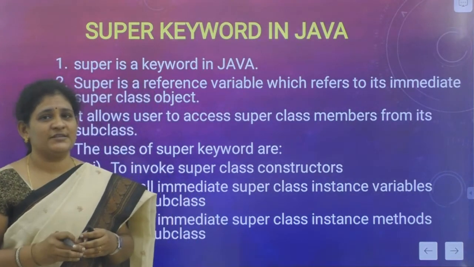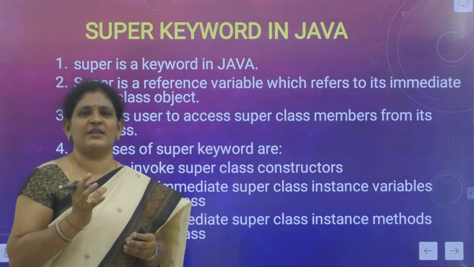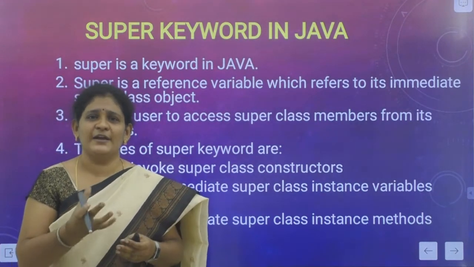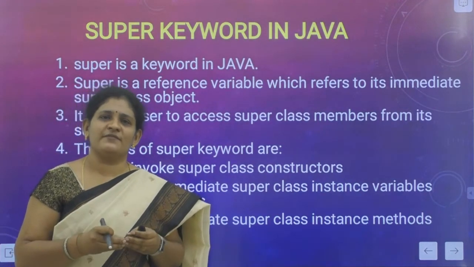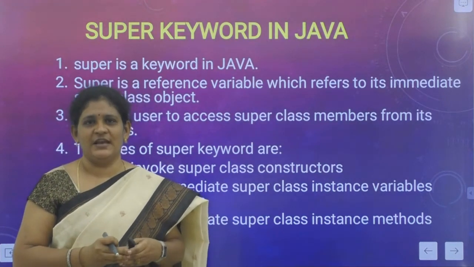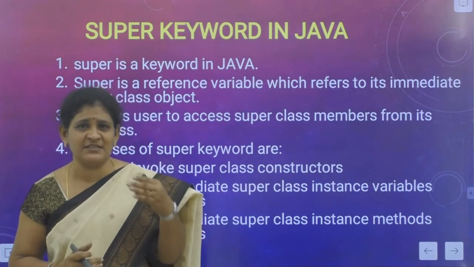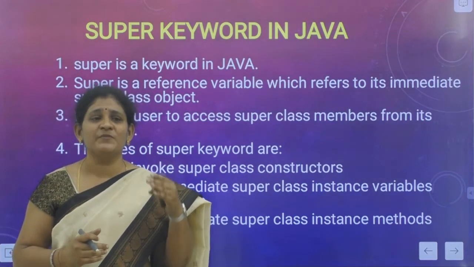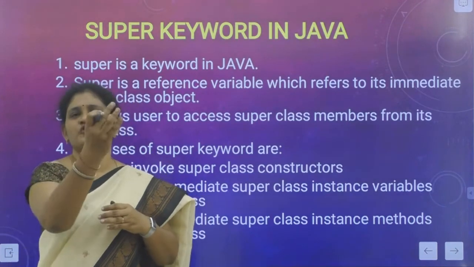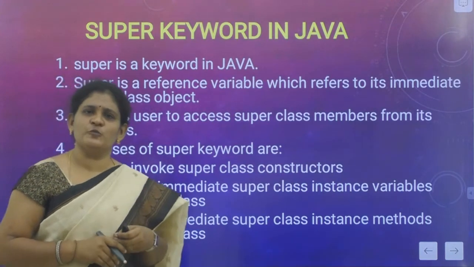So what is the super keyword? Super is a reference variable. You know what a reference variable is, no? It holds the address. Super is a reference variable which points to the immediate superclass object. Here there will be a subclass and a superclass. Inheritance means we will be having subclasses and superclasses, isn't it? The super refers to the superclass object. And for what purpose do we use the super keyword?